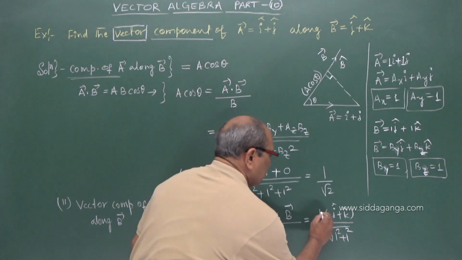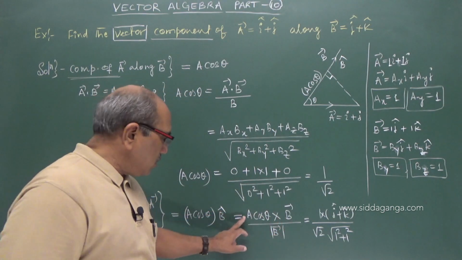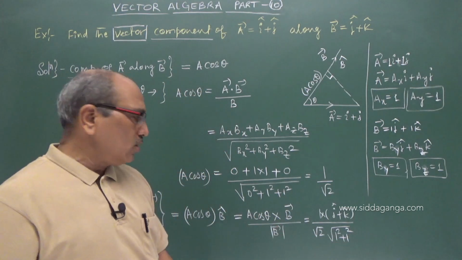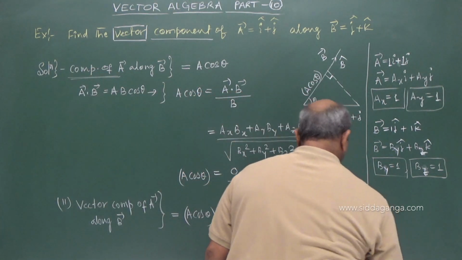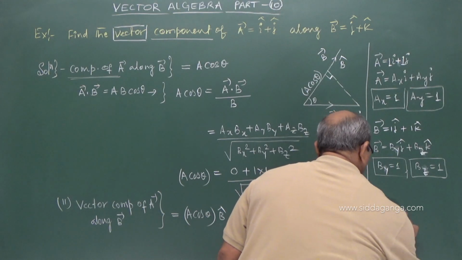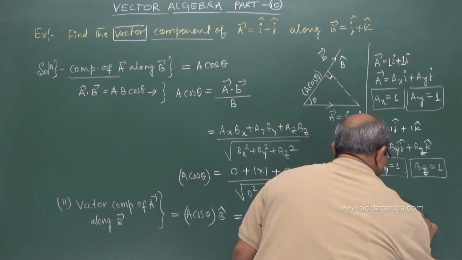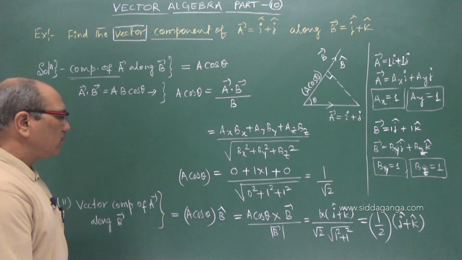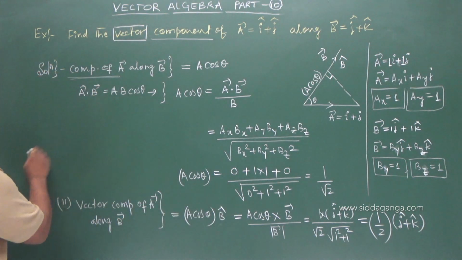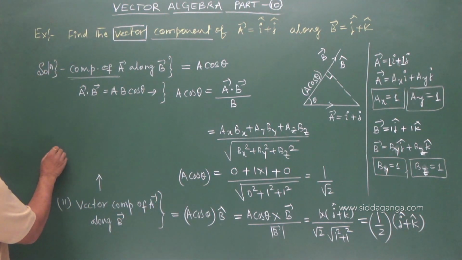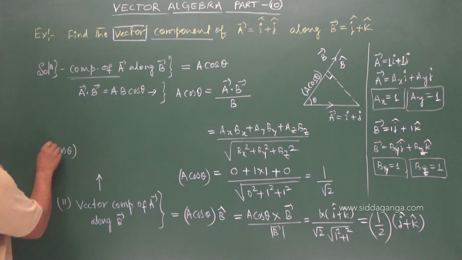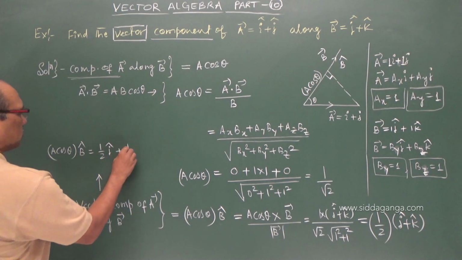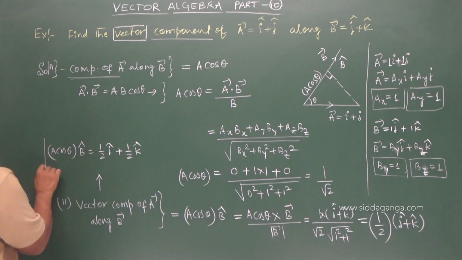A cos theta value is 1 by root 2, B magnitude is root 2, so root 2 into root 2 is 2, giving 1 by 2 into j plus k. So this is the answer: the vector component can be written as A cos theta of B cap, equal to 1 by 2 j plus 1 by 2 k. Hence we got the answer.